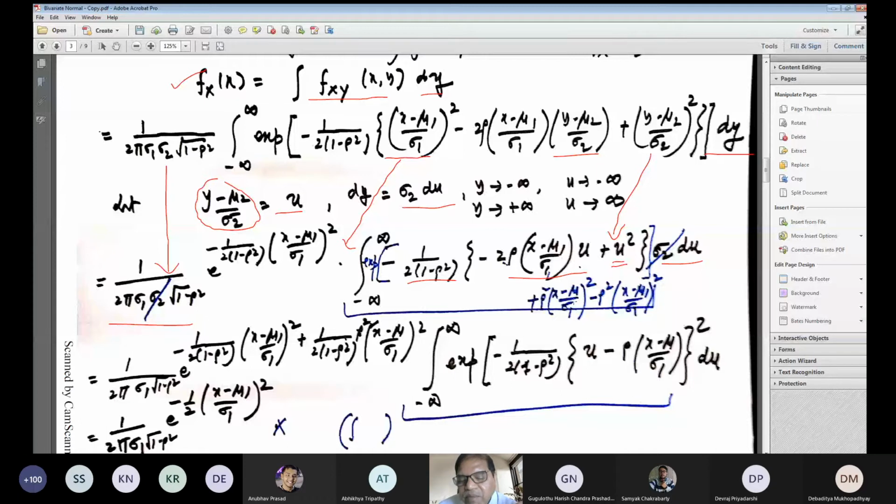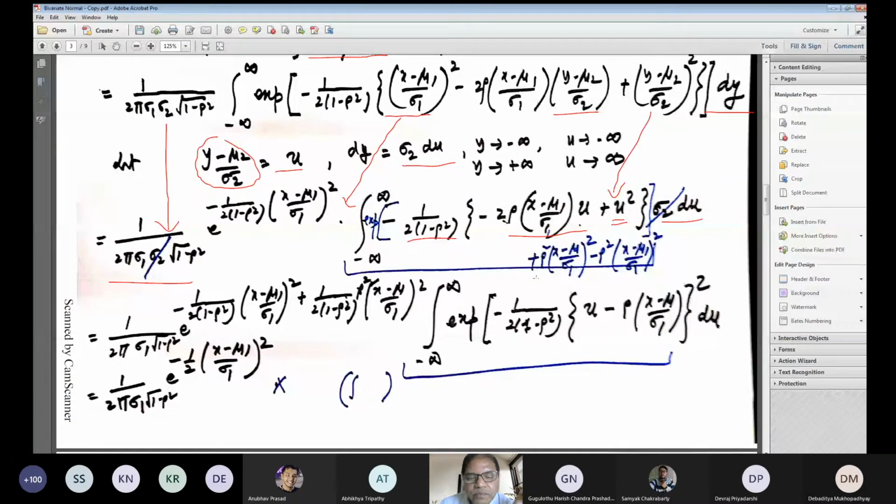So one quantity we have added, the same we have subtracted, and ultimately this one is taken out. Once you take it out, this will become rho square with a plus sign, 1 by 2 (1 minus rho square), and ((x minus mu 1) by sigma 1) square.